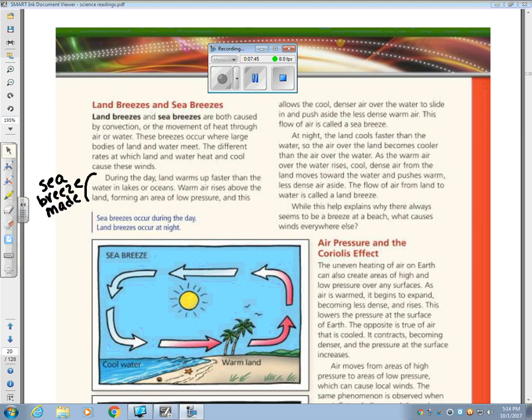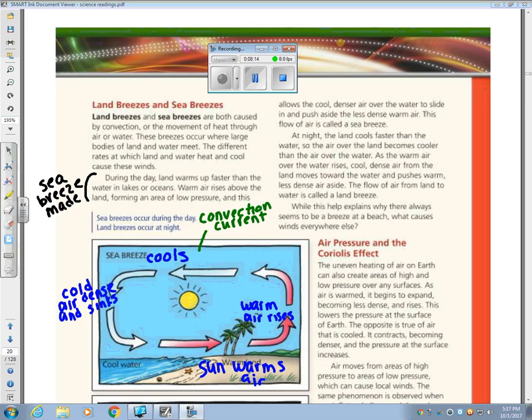If you look at the picture of the sea breeze, you'll notice right away this is a convection current. It's going in a circle again, right? So in a sea breeze, the first thing that happens is that the sun warms the land and the air above it. Then that warm air rises. Then the warm air cools. The cold air is dense and it sinks down.